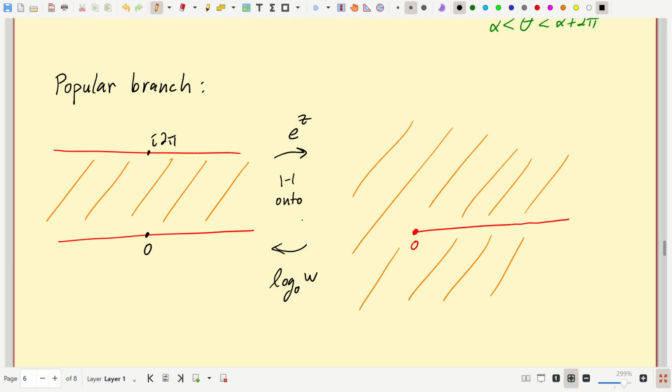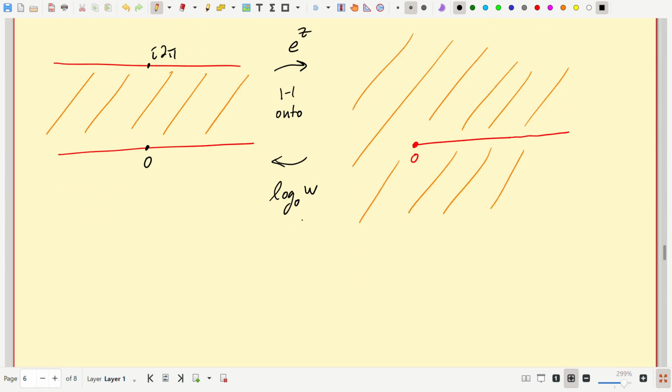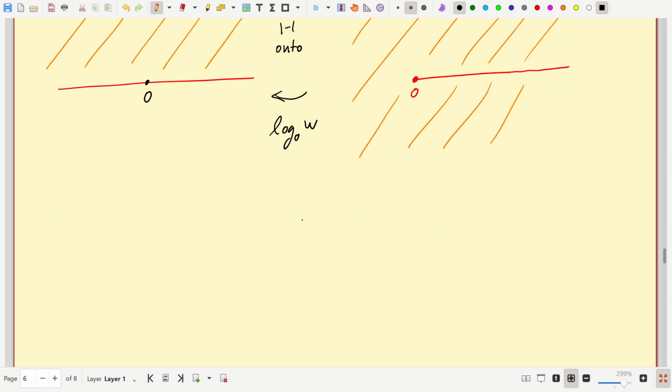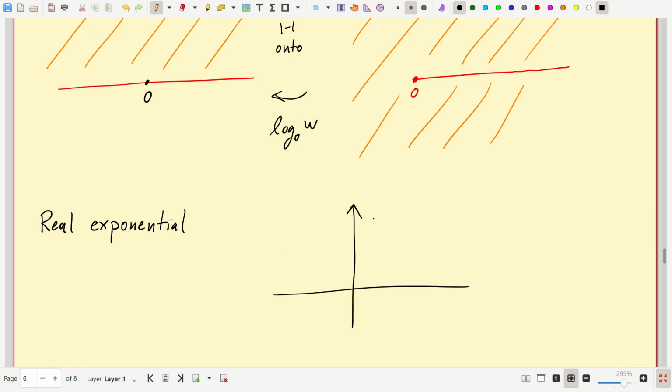So you see, the complex case is way more involved than dealing with the real exponential. The real exponential goes like this.